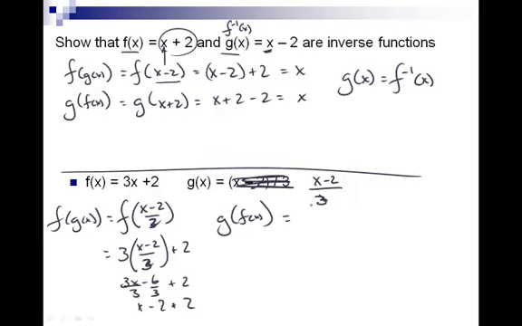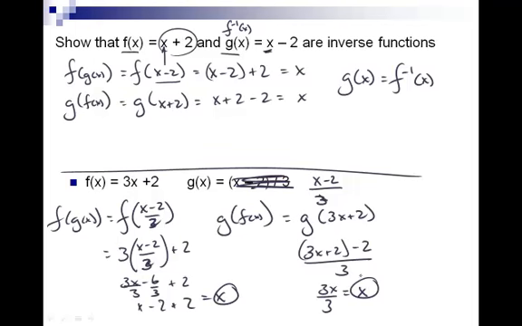All right, now that I got my act together here, we'll try g of 3x plus 2, which would be 3x plus 2 minus 2 over 3. That would be 3x over 3, which equals x. So you can see that both of these functions do simplify to a simple x. Therefore, f of x and g of x are inverses of each other.